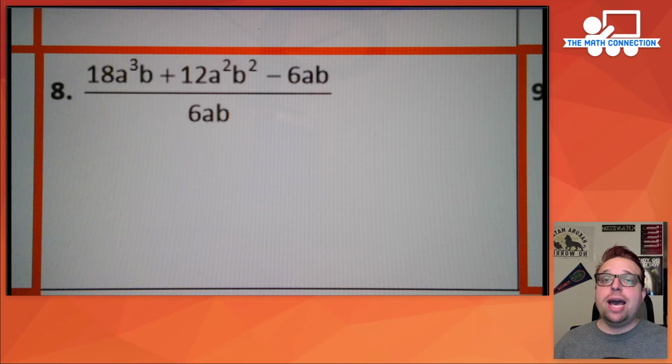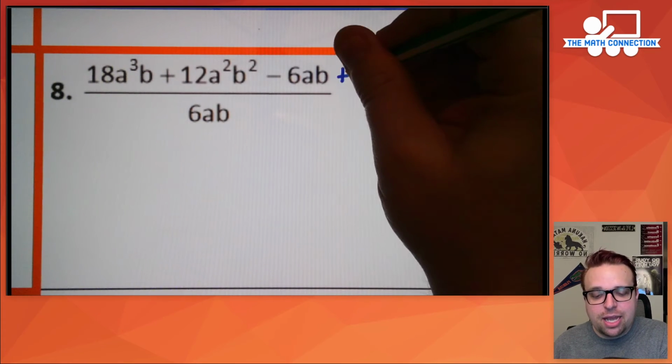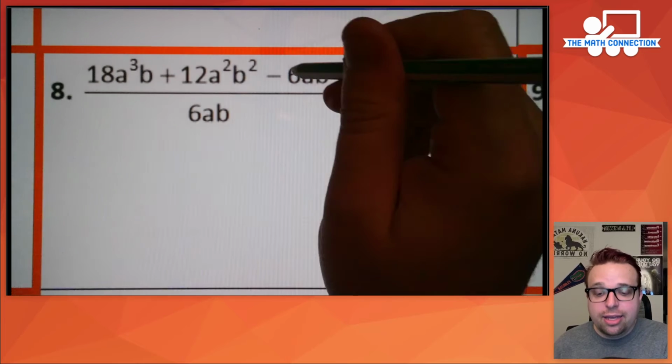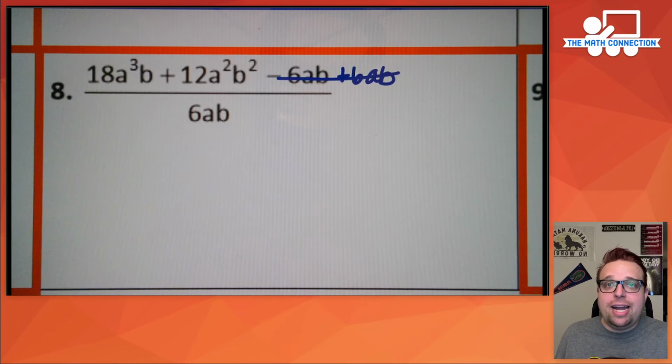If you had things that were being multiplied, then that would cancel because division is the opposite of multiplication.